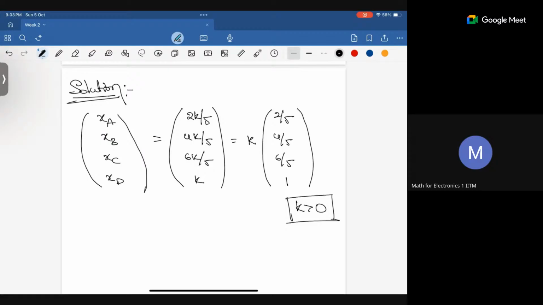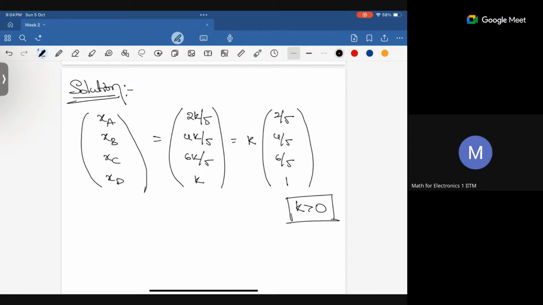So once k is greater than 0, you can clearly see that this 2 by 5, 4 by 5, 6 by 5, and 1 are just the values that are getting multiplied to k. And among these 4, 6 by 5 has the highest value compared to the other 3.